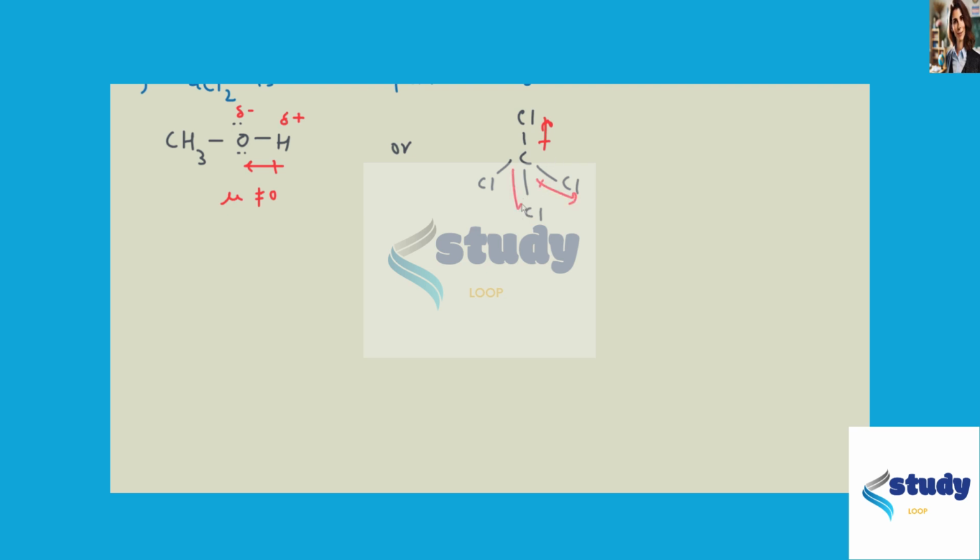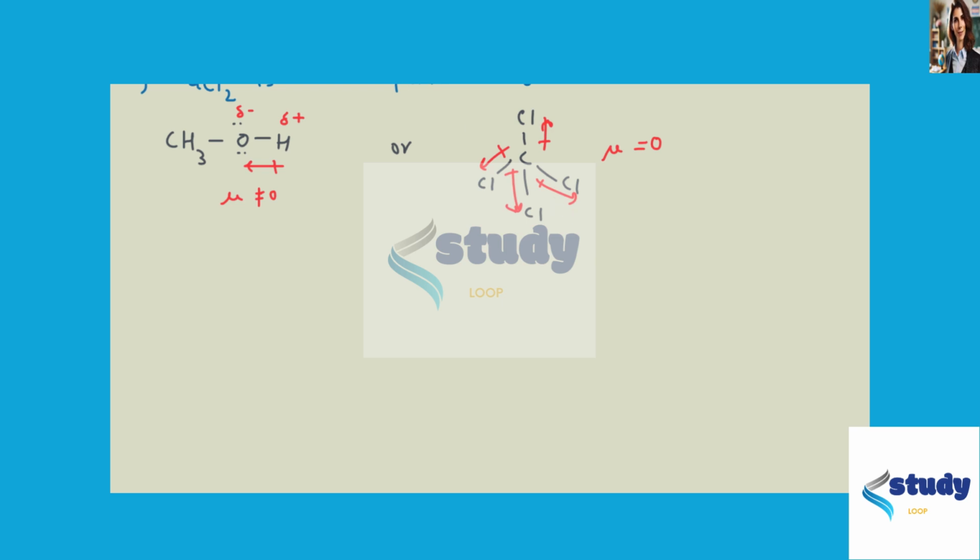Okay, so this will be the direction of the dipole moment, but as we sum up all these dipole moments, being equal and opposite, these dipole moments cancel out each other, because this CCl4 is a symmetrical molecule.